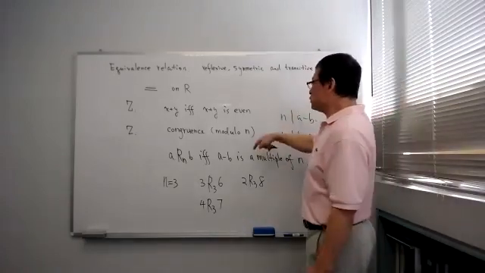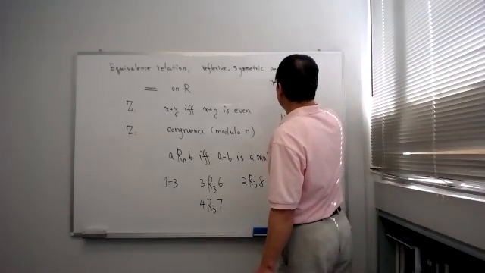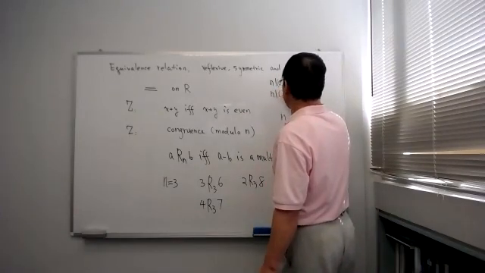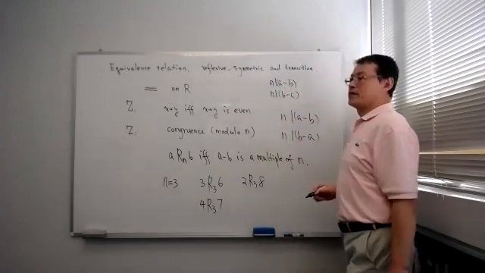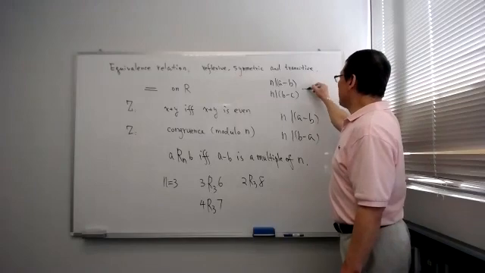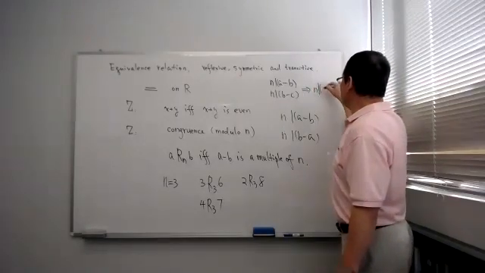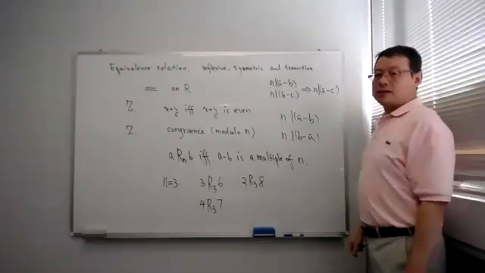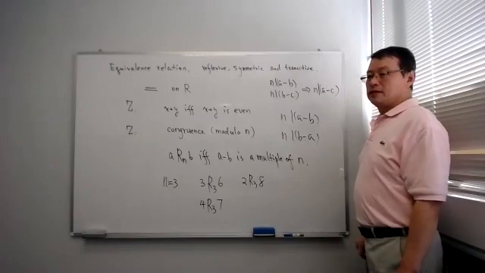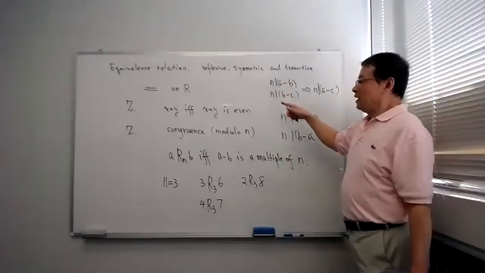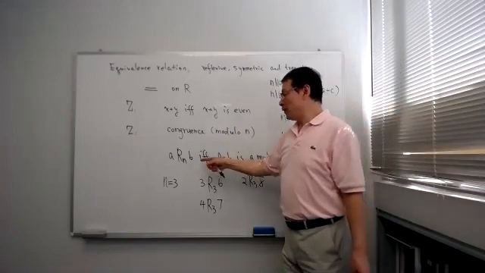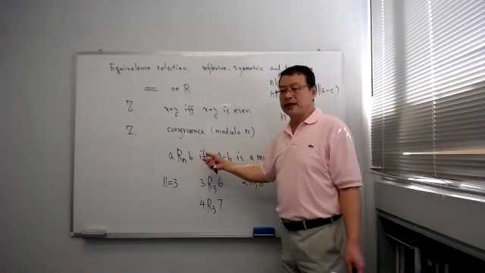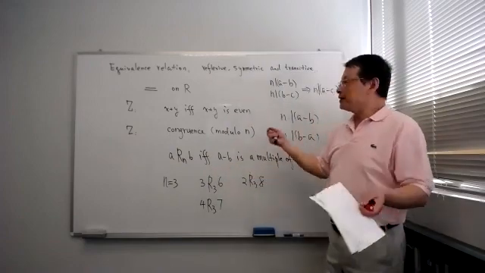So we can use algebra to see it. If n divides A minus B and n divides B minus C, then that implies n divides A minus C. It's easier to see because if the remainder when A and B are divided by n is the same, and the remainder of B and C are the same, then of course the remainder of A and C will be the same.